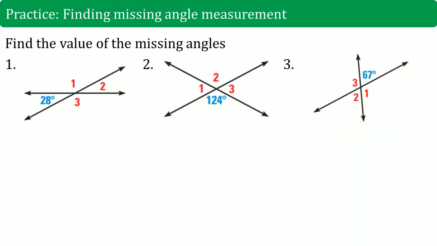What I would like you to do here is to find the missing values of each angle. There are 3 different missing angle measurements here. Pause the video and give this a try. Let's look at number 1. We know that angle 1 here has to be 152 because 152 plus 28 is 180 degrees.